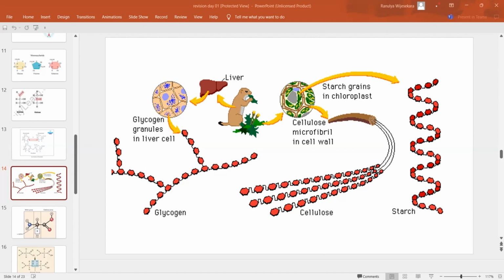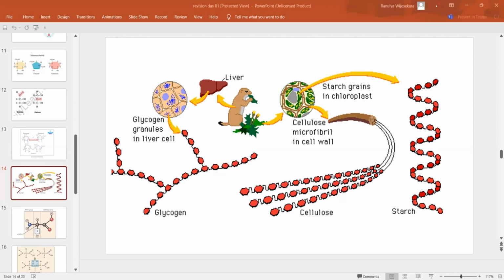First point, elemental composition is carbon, hydrogen, and oxygen. Major elemental composition is carbon, hydrogen, oxygen.